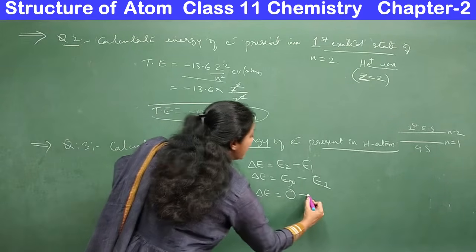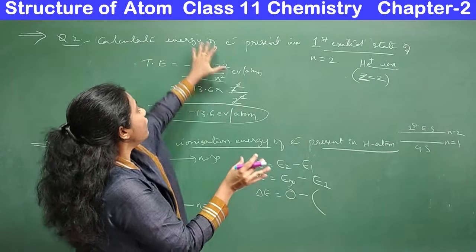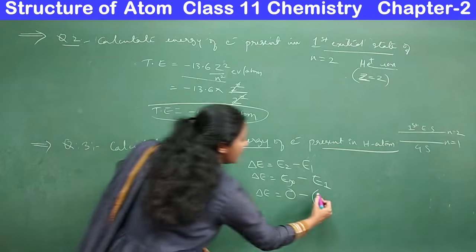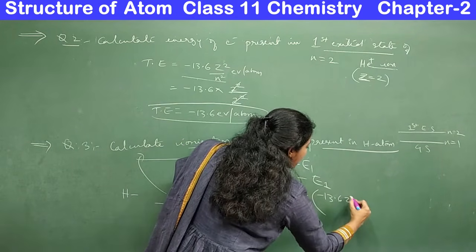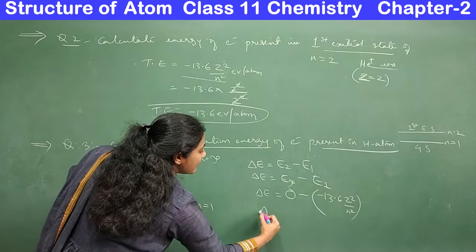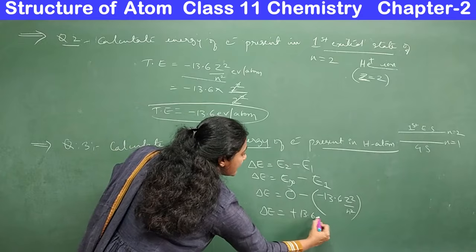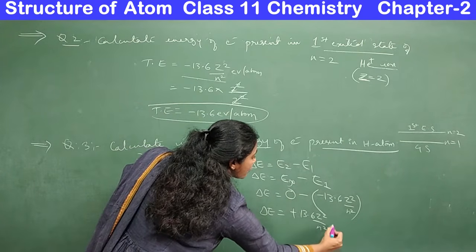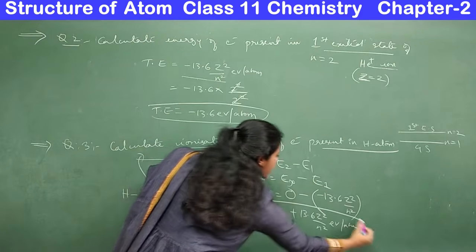What is the formula to calculate the energy of an electron? We know the formula: minus 13.6 Z square by n square. So minus into minus, delta E is equal to plus 13.6 Z square by n square electron volt per atom.